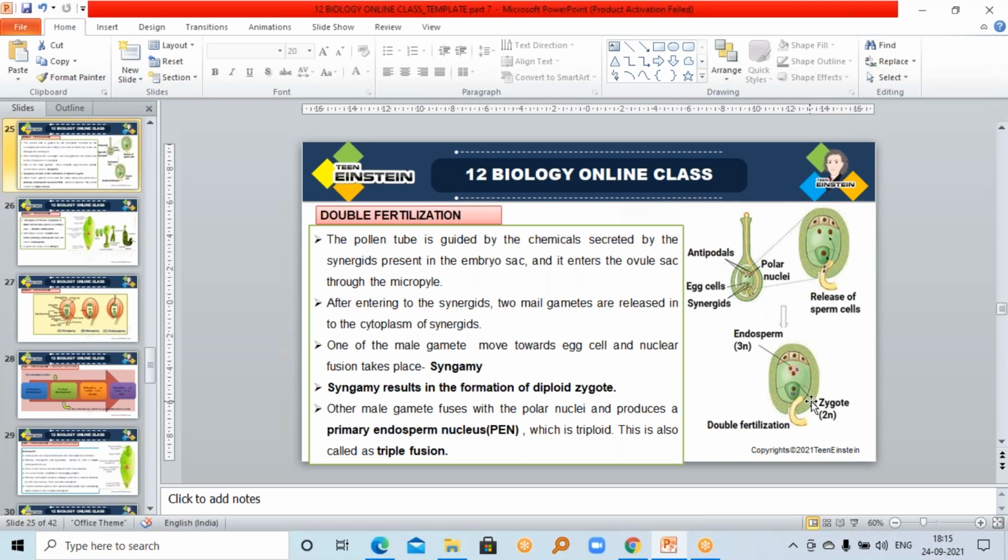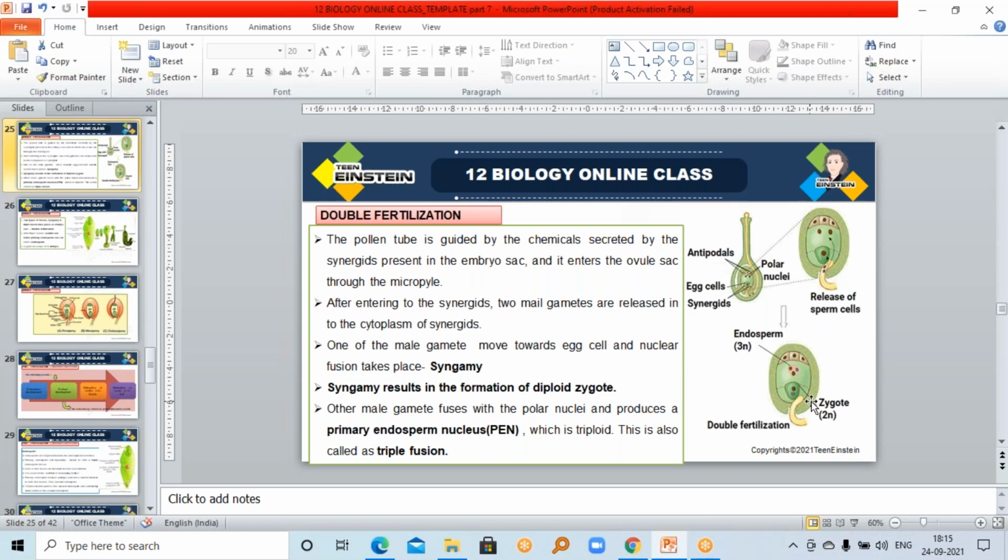The secondary nucleus is already diploid. To that, another set of chromosomes is added. So it is in triploid condition. There are 3 sets of chromosomes in that. That fusion is taking place the third time: first the polar nuclei fused, then this is the triple fusion, the third fusion, with 3 sets of chromosomes fused.